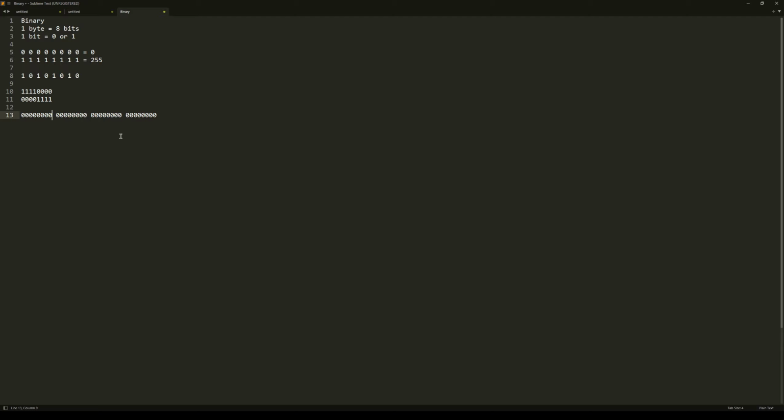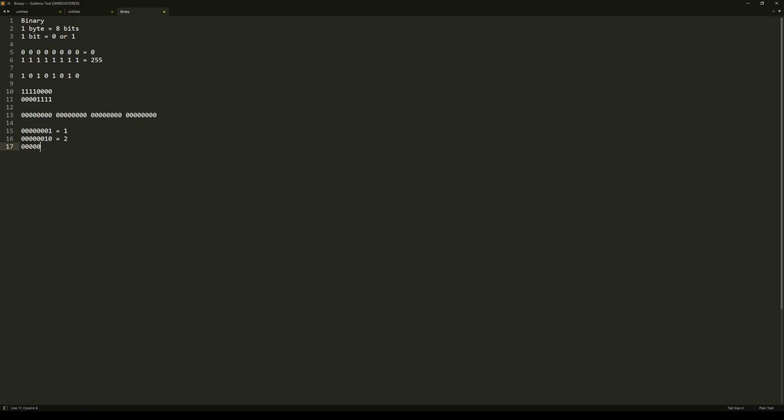Every bit that you add doubles the number. So to further clarify that, let's say you have 1, 2, 3, 4, 5, 6, 7, and then 1. This will be equal to 1. But if you have 1, 2, 3, 4, 5, 6, 1, and then 0, this will actually be equal to 2.